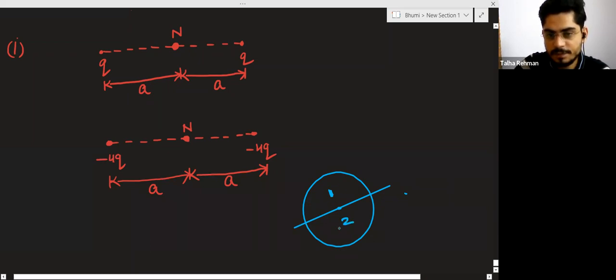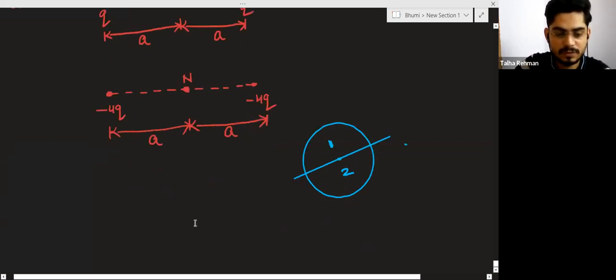Part 1 and part 2 will be the same, which means this circle is symmetrical about this line. This is the diametrical line, you can say. This is the meaning of symmetry. Take a knife and cut from here, you will get the same.